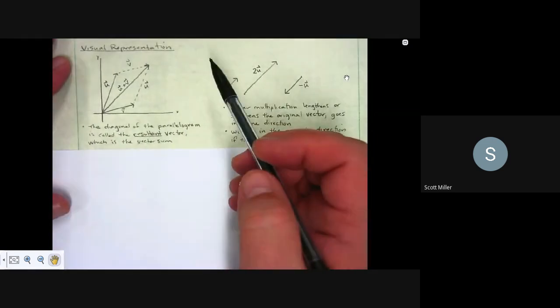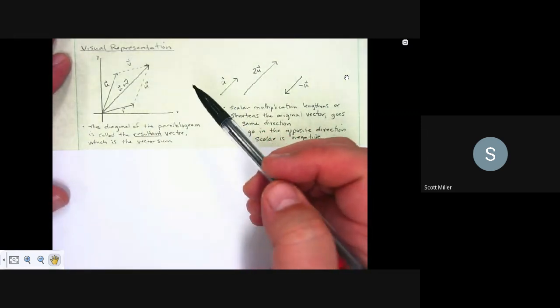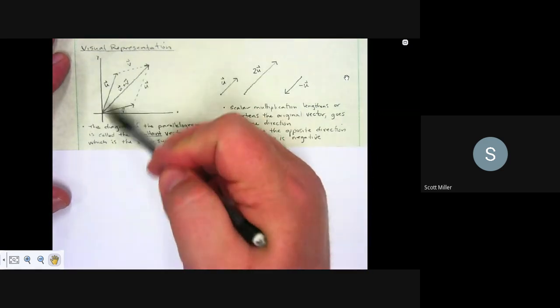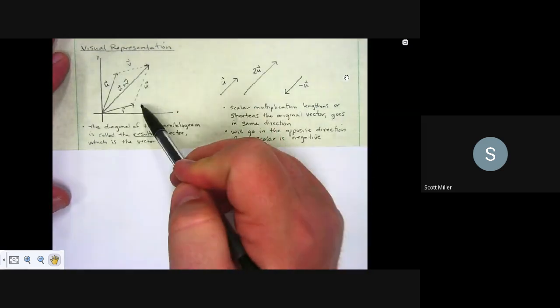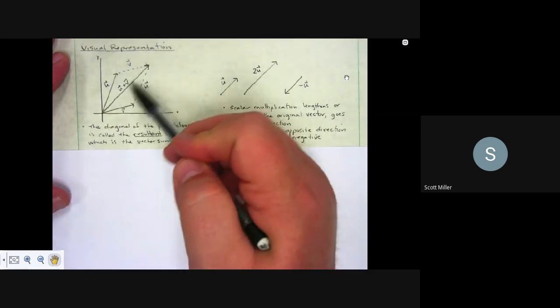So let's look at a visual of this so you can see what's going on. Here's a visual representation of our addition and scalar multiplication. This is going to help you with solving many problems that deal with different vectors acting on the same object. Here's vector u, here's vector v, and this is vector u plus v.